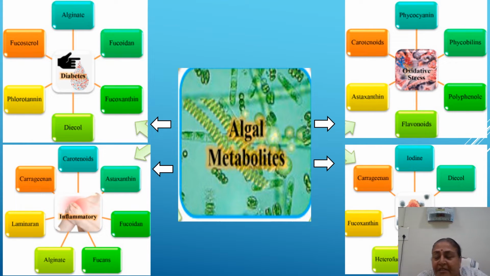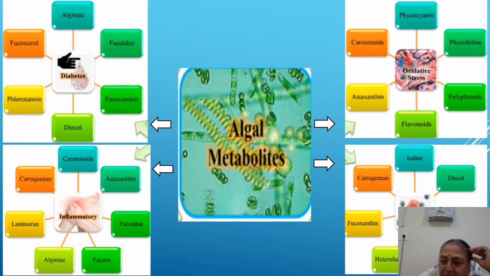Then another is the anti-inflammatory nature. It helps due to the presence of substances like fucans, alginates, laminarins, carrageenans, carotenoids, erythrins, and all these substances that work as anti-inflammatory compounds generated in the algal body.